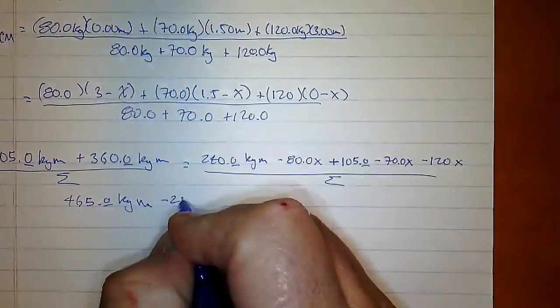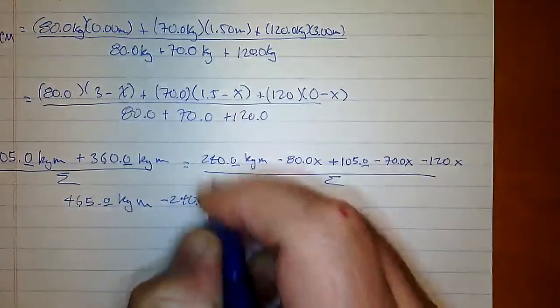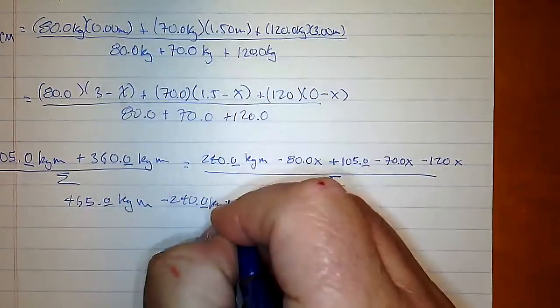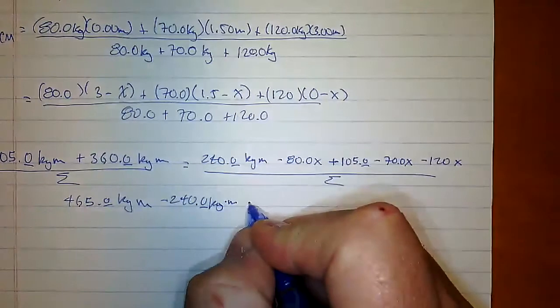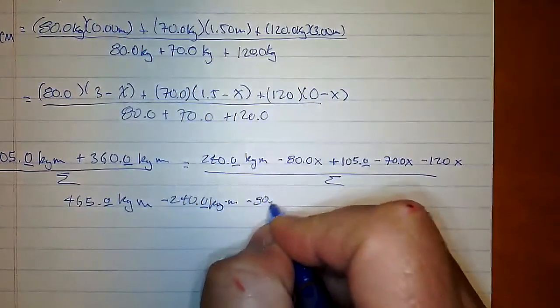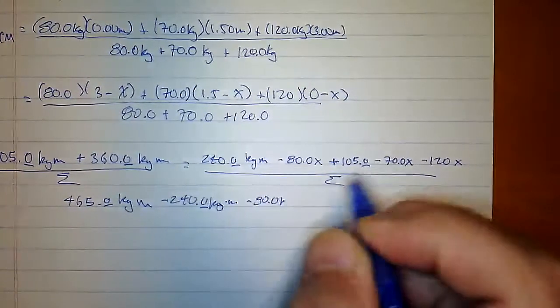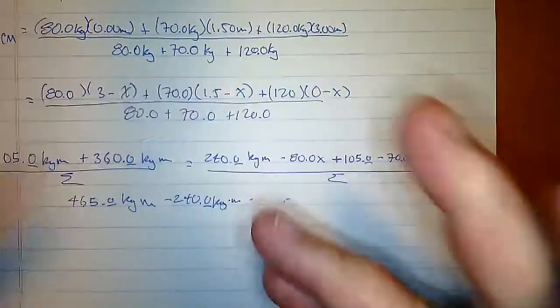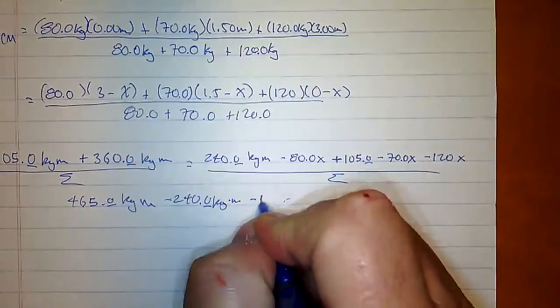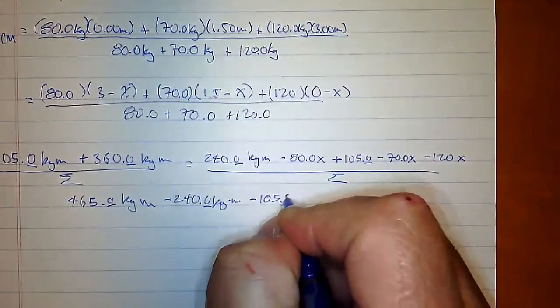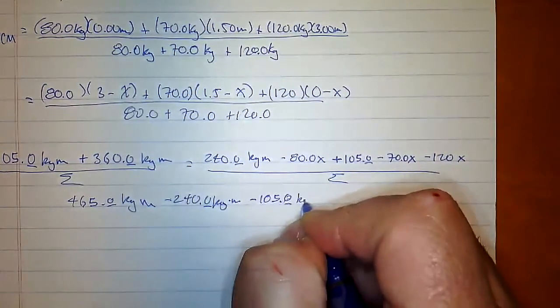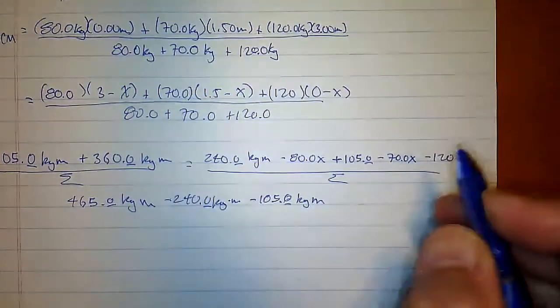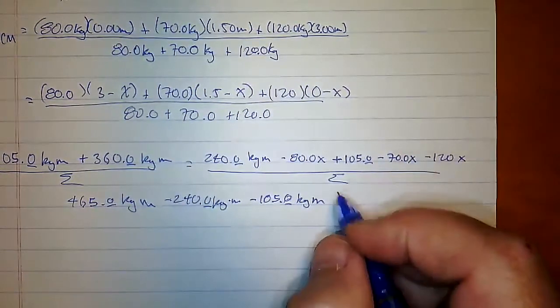So I'll say minus 240.0 kilograms times meters. And I'll say minus 80.0. Nope, don't do that one. That was the x. I'll say minus 105.0 again, kilograms times meters. And that's the last one without an x in it.